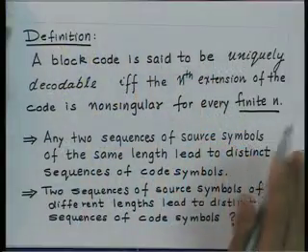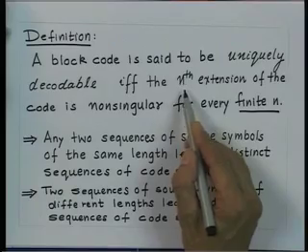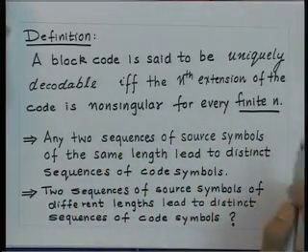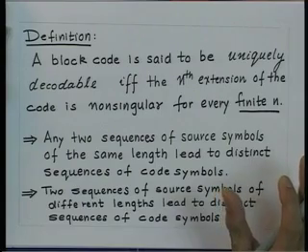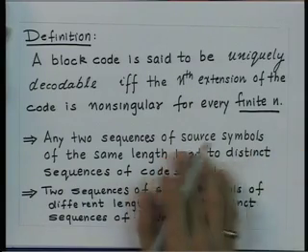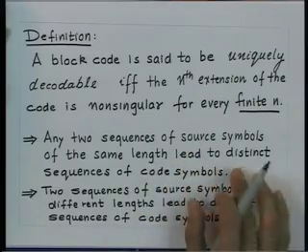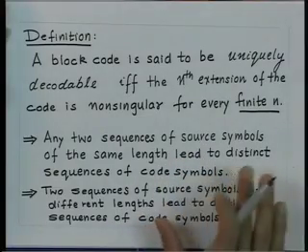Now, once I have this definition of uniquely decodable codes, where the nth extension of the code is non-singular for every finite n, what it implies is that any two sequences of source symbols of the same length will lead to distinct sequences of code symbols.